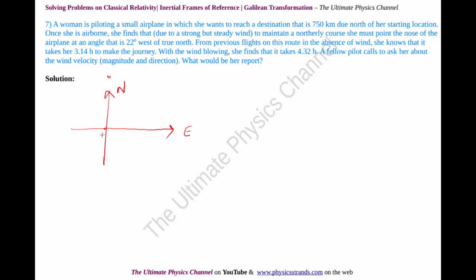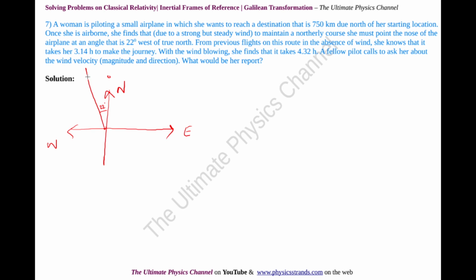Once she is airborne, she finds that due to strong but steady wind, to maintain a northerly course, she must point the nose of the airplane at an angle that is 22 degrees west of true north. So this is 22 degrees.